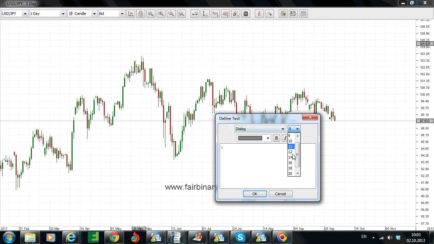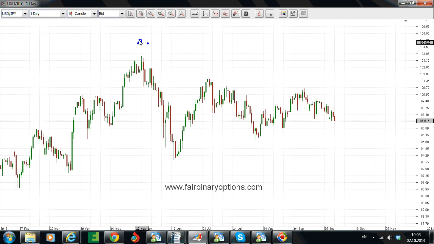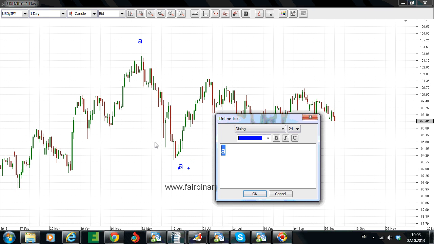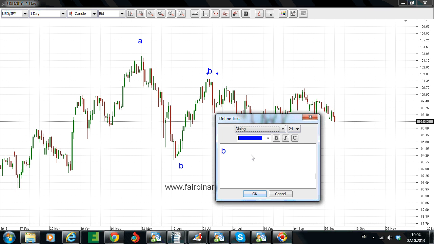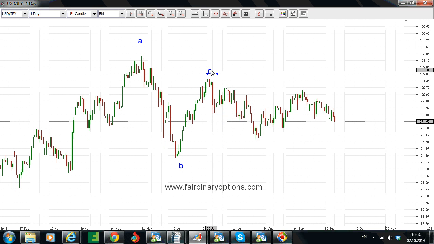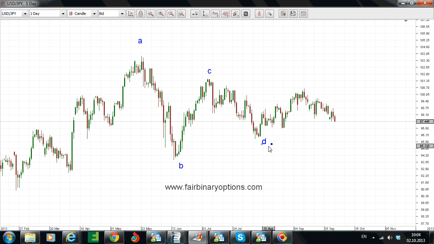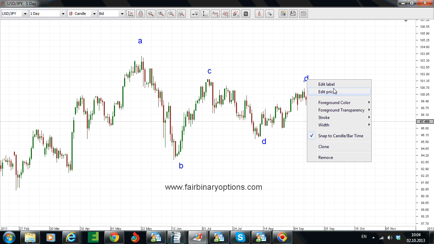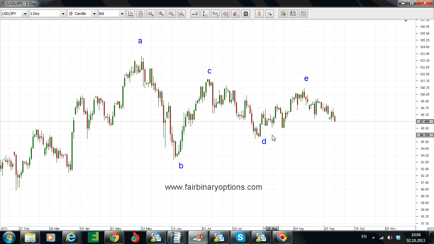So A, let's put the A wave there, let's make it out of a different color, so let's say wave A. Then the B wave here, and then the C wave to the upside, A, B, C, D, E, so A, B, C, D, E, and this should be labeled. This is how the contracting triangle should be labeled.